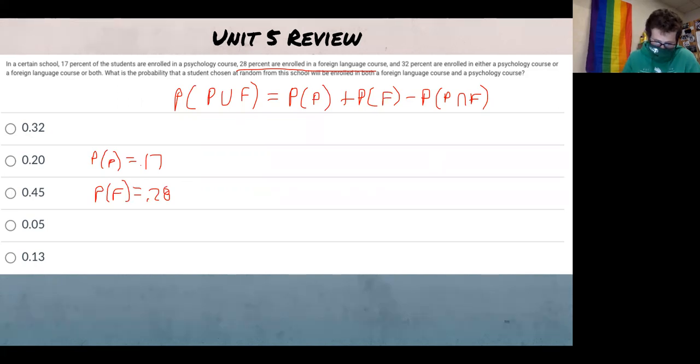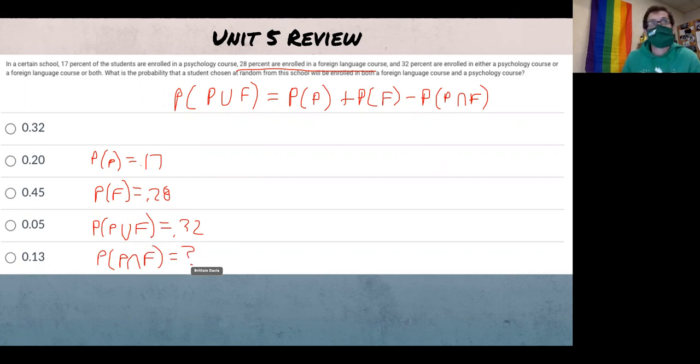So basically, the probability of psychology or foreign language is 0.32. With these numbers, we're trying to solve for the probability of being enrolled in both of these. Luckily, those are exactly the probabilities that we need for that formula.